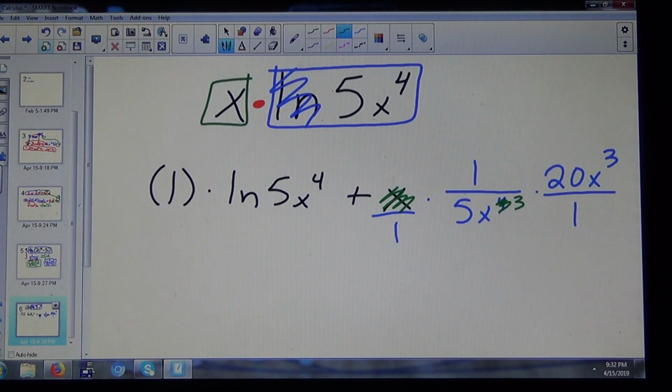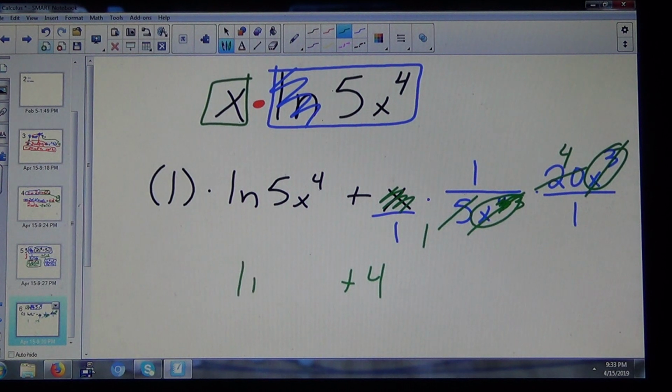Now actually, does this x cubed and this x cubed cross cancel? Yep. Leaving me with 20 over 5, which actually 5 goes into there once. 5 divides into there 4 times, or 20 divided by 5 would have been 4. So I'm left with a plus 4 here. And then I'm left with an ln of 5x to the 4th. Okay, and that would be the derivative.